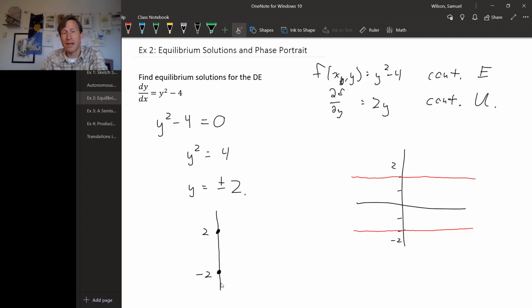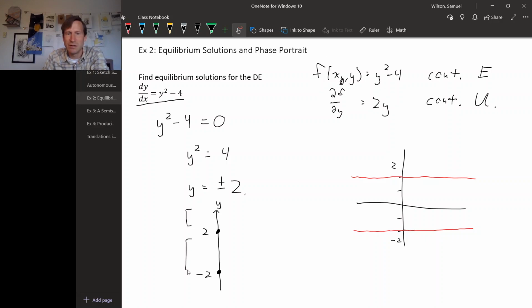Now, for y values, this is the y-axis. For y values away from 2 and -2, we don't have equilibrium solutions, but what we could do is figure out what this derivative is doing in each region. So you see these equilibrium solutions break the y-axis up into these 3 chunks.